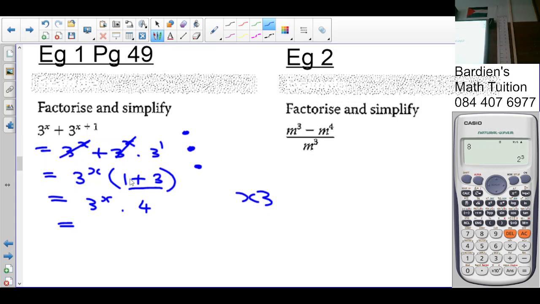In this case it will be 4 times 3 to the x. Can I multiply 3 and 4? You can't. Why not? It's to do with that exponent. You see that exponent on the 3. Because of that, we can't multiply these bases. Can you see that, people? So your answer is going to be 4 times 3 to the x.